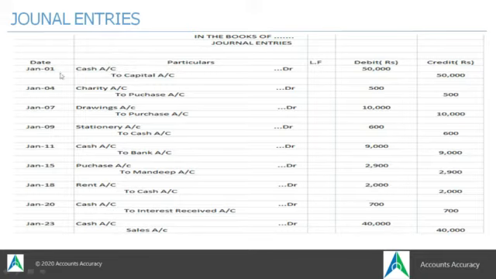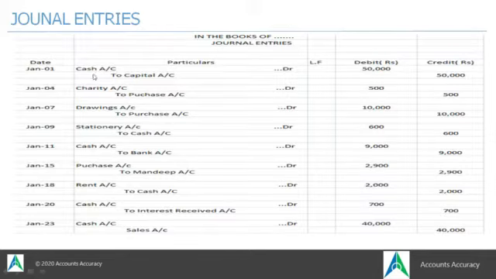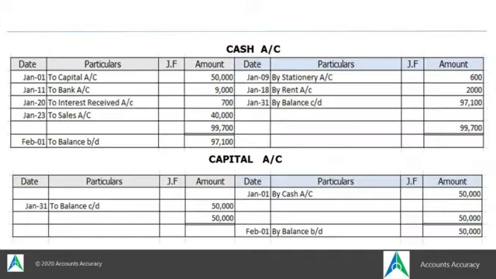So remember, the cash account is already there, that means only the ledger of cash account is prepared, so the debit part will not be posted, only the credit part, just one single posting will be done, that is for the credit part, that is to capital account. And here all the 'to' entries will come to the left hand side and all the debit ones will come to the right hand side, that you have to remember.